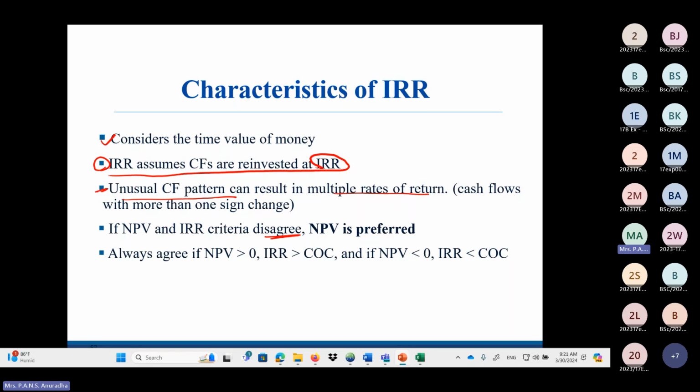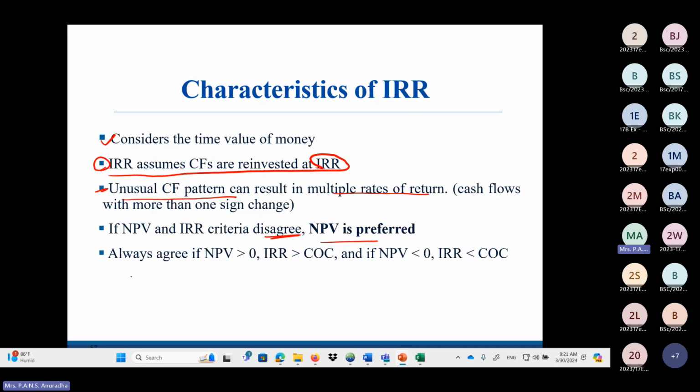So now there is a disagreement. In such a situation, you can go with the NPV. It is the preferred one, so you can take the decision based on the net present value.